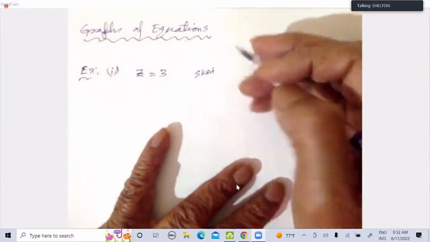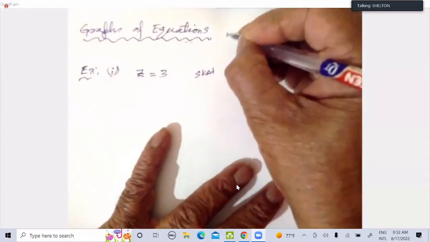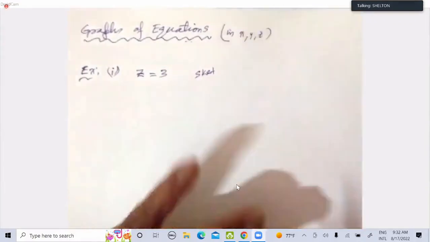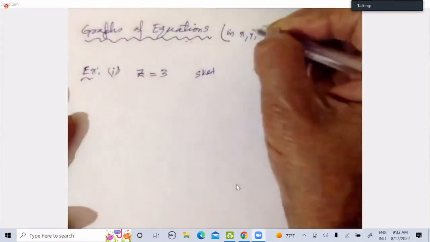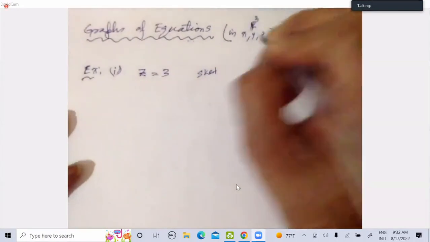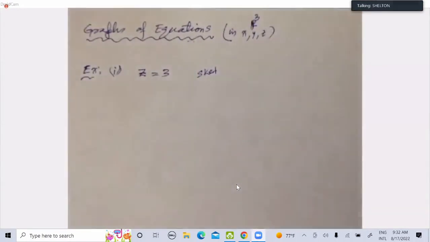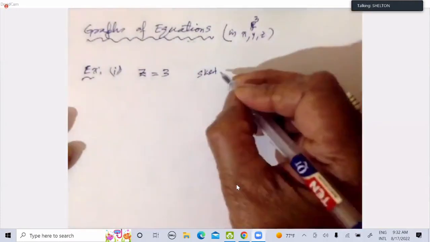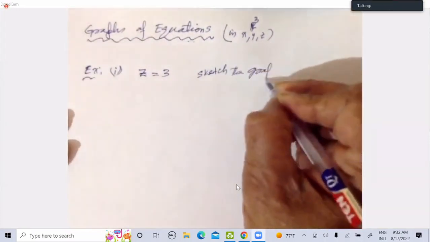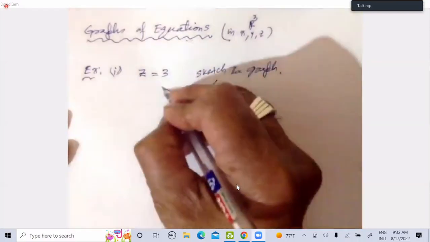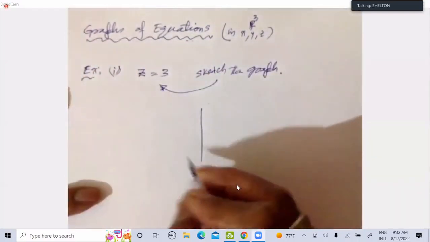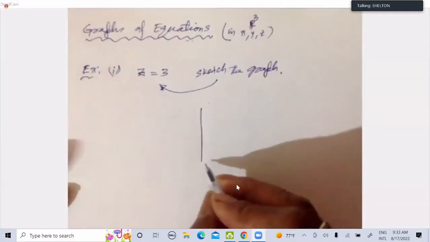I'm trying to graph equations in x, y, z, in R3, three-dimensional space. Sketch the graph of this equation. First draw, like for equations in x and y, you draw the xy plane.